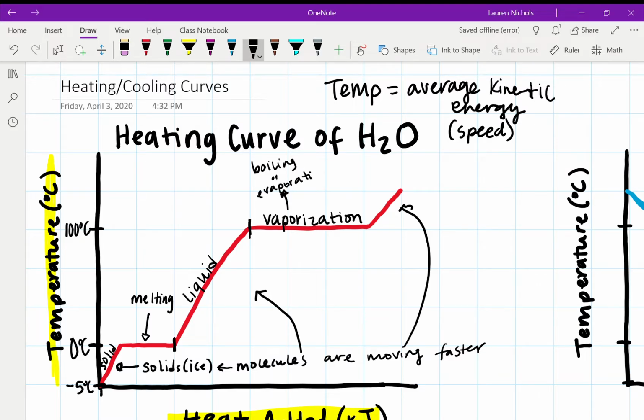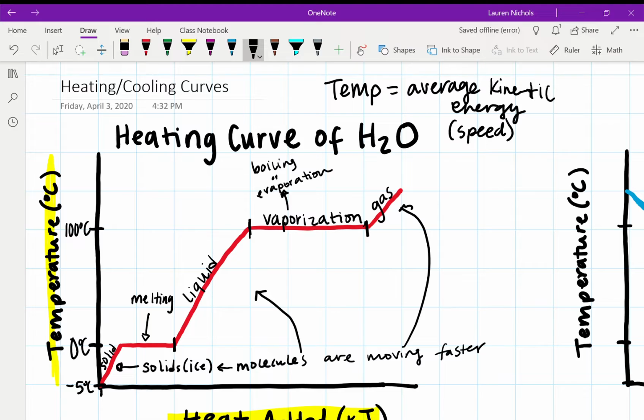Things don't have to boil in order to evaporate. Once it's 100% vaporized, it's all a gas, and the gas molecules will begin to heat up. So it goes in order: solid, liquid, gas, and we see vaporization and melting as our two phase changes.